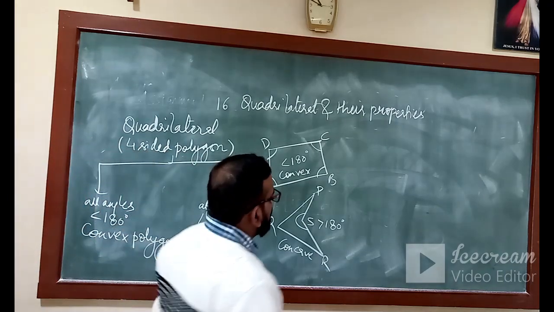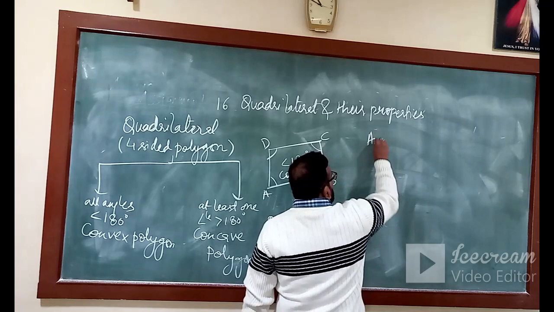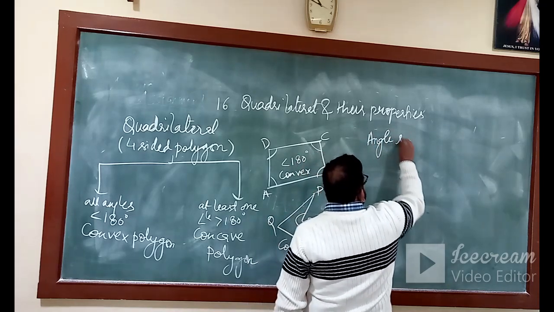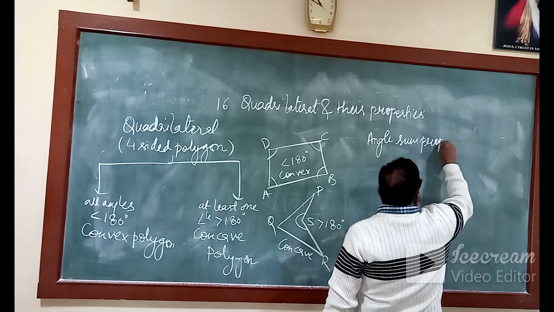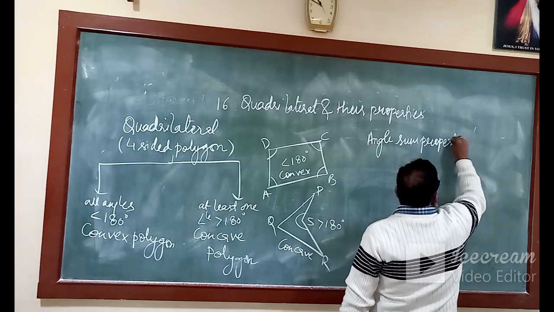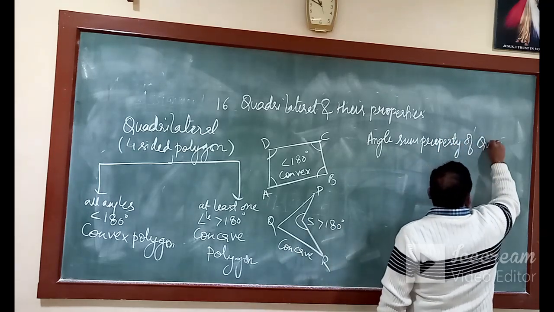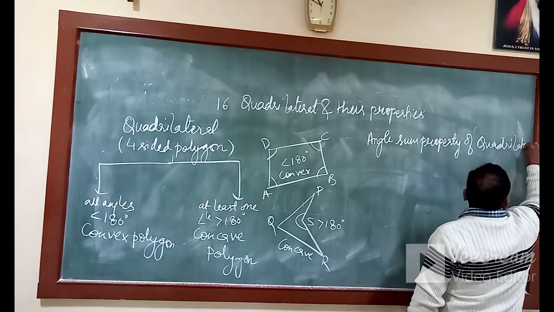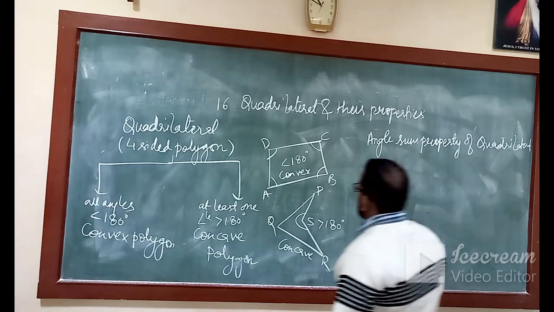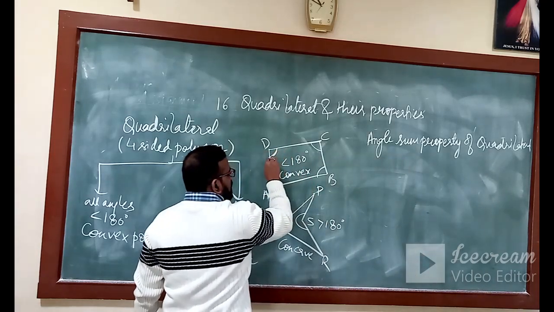Next, we have to see the angle sum property of a quadrilateral. Angle sum property means, suppose this is a quadrilateral.